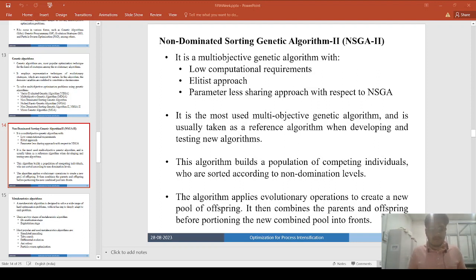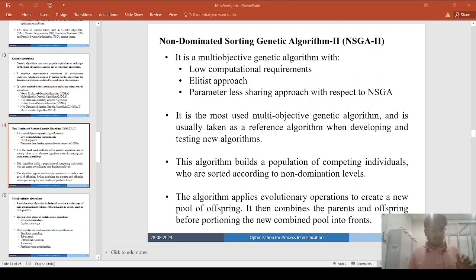The non-dominating potential solutions are called offspring. Then it combines the pool of parents and offspring and partitions them: these are the optimal solutions, and this is the Pareto front of the given optimization problem.